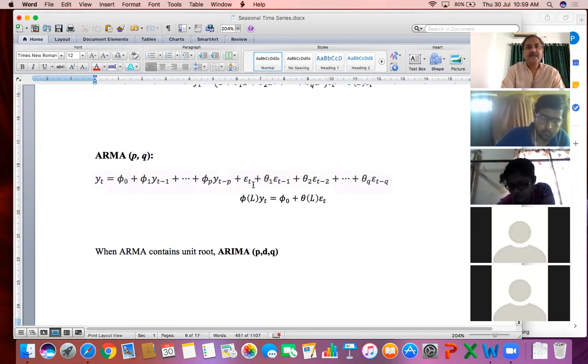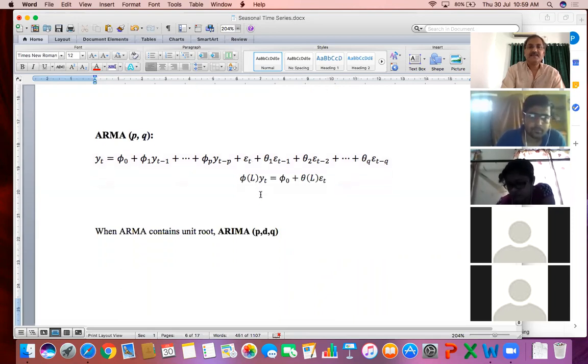Then we have the moving average part: epsilon t plus theta 1 epsilon t minus 1 plus theta 2 epsilon t minus 2 plus, in this way, theta q epsilon t minus q. In compact form, we can express the series as phi of L Yt is equal to phi naught, the intercept term, plus theta of L epsilon t.